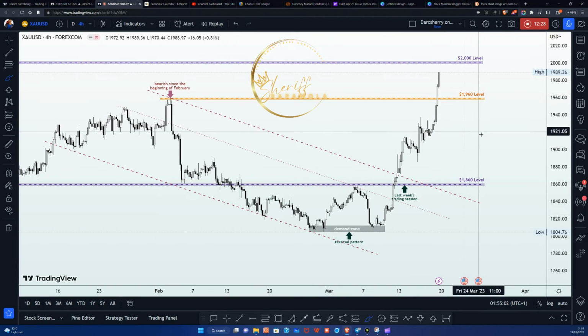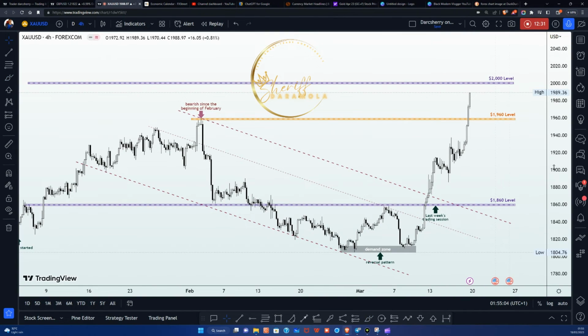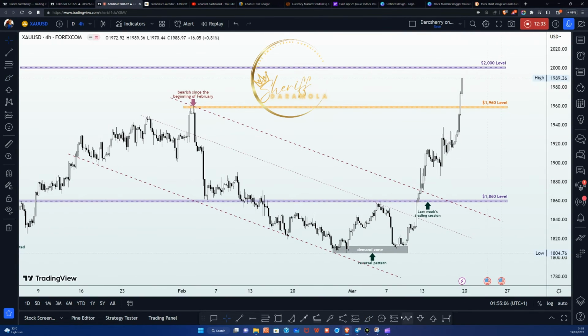Now price has broken out of the 1960, hereby approaching the $2,000 level. I told you on the daily time frame how the last time price was at the $2,000 level was in the month of April last year, and we saw how a sharp rejection of that level incited a sell momentum from that area.